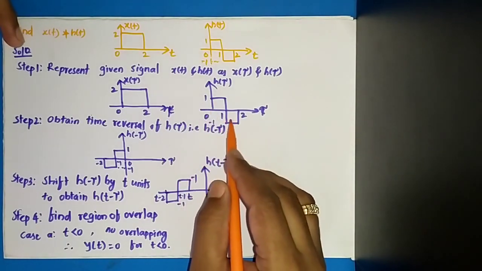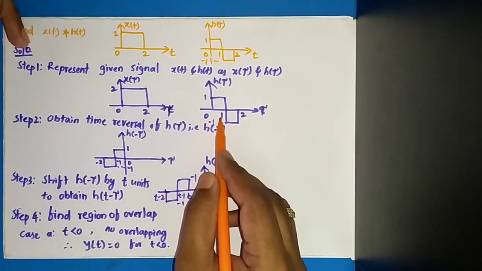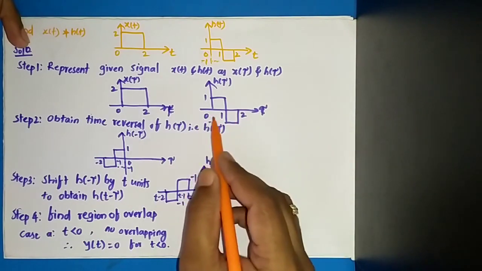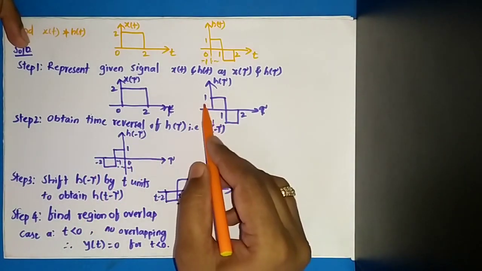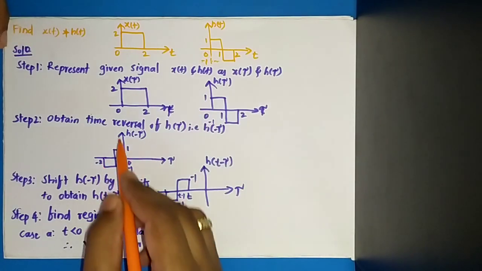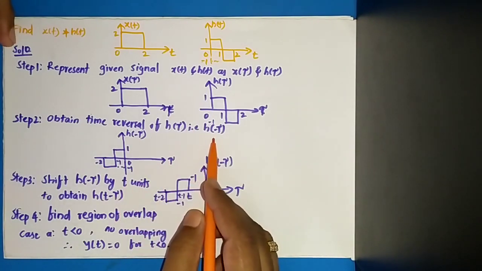Every interval value will be negated, like here 0, 1, 2, now it will be 0, -1, -2. The same signal will be mirrored over the y-axis. This is h of minus tau.